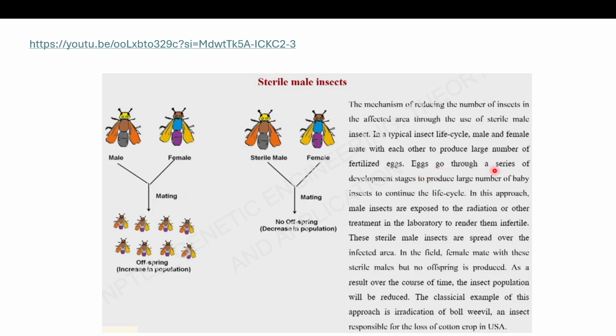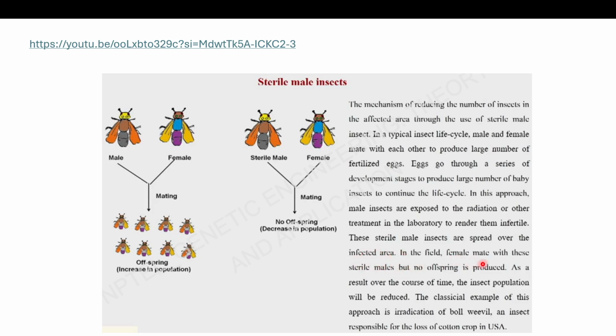Eggs grow through a series of developmental stages to produce a large number of offspring to continue the life cycle. In this approach, male insects are exposed to radiation or other treatment in the laboratory to render them infertile. Then these sterile male insects are spread over the infested area.